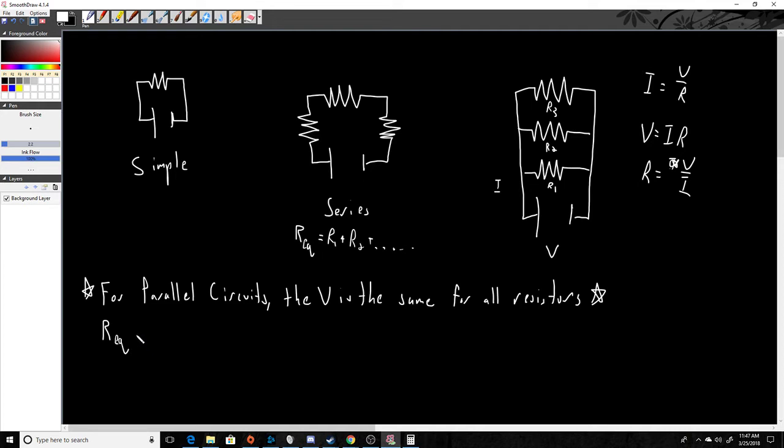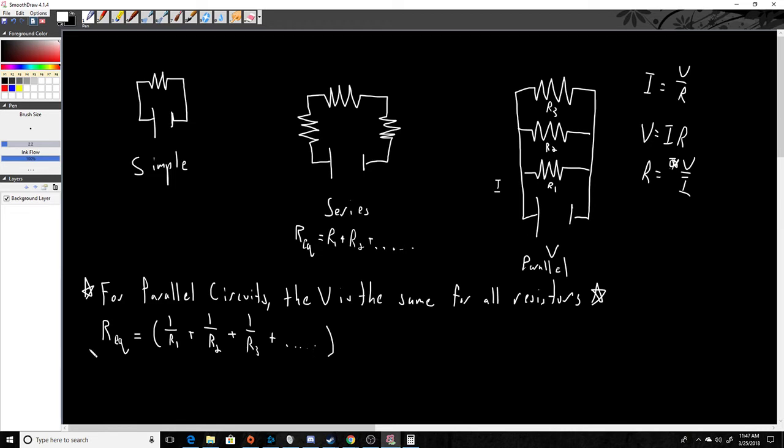The equivalent resistance is going to be equal to 1 over R1 plus 1 over R2, or the inverses, plus 1 over R3, and you just continue that for however many resistors you have in parallel, okay? Because when you diagram them out, these resistors are in parallel. That's where a parallel circuit gets its name: these things are diagrammed out parallel to each other.